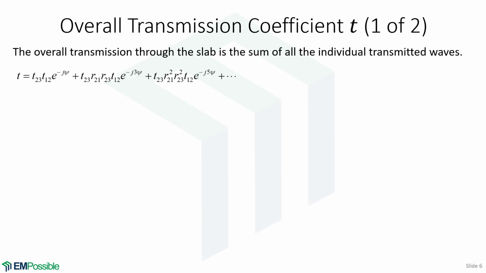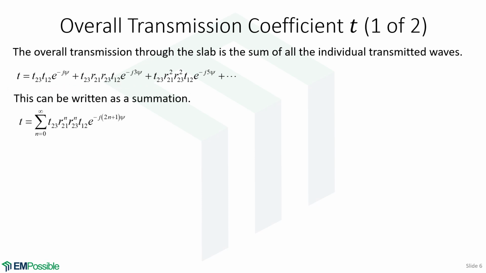Similarly, we can calculate the overall transmission coefficient, and this will also become a geometric series. Just looking at the expressions that we derived in that original analysis of the waves bouncing back and forth, we can write the overall transmission coefficient as this infinite series of terms. Staring at this long enough, we can put that into a summation.